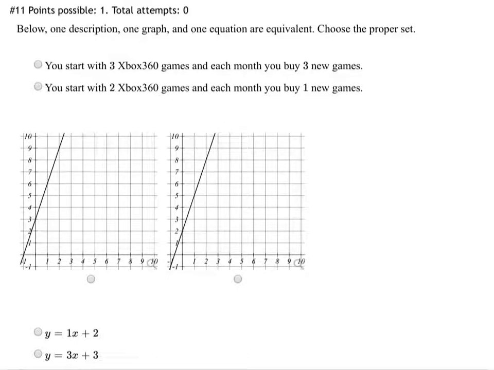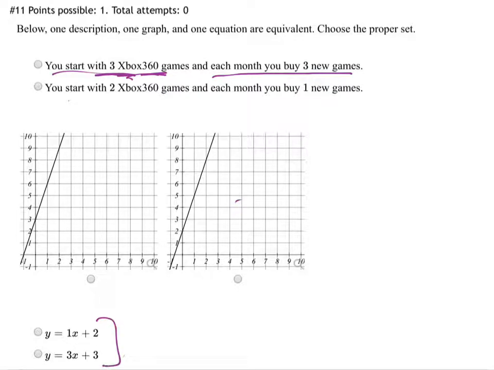The way they've set it up, one set of words matches with one graph and matches with one equation. Okay, let's read it. You start with 3 Xbox 360 games, and each month you buy 3 new games. You start with 3 and buy 3 each month.